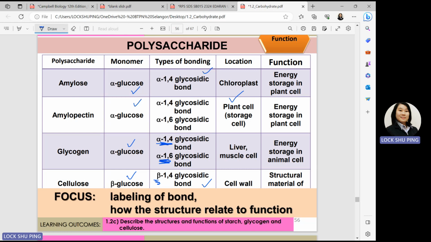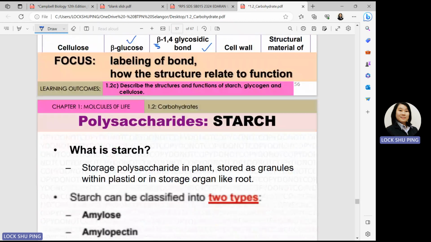But animals need more energy, so they need a larger molecule to store it, which is glycogen. And cellulose is found in the cell wall of plant cells. It is basically just a structural material.